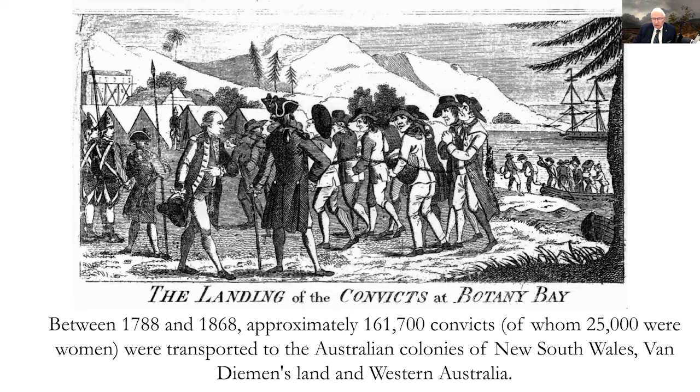Unfortunately, they came as convicts, but fortunately, after a period of time, they worked their way out of that convict situation. And many of them became landowners, and all of their descendants, the ones who didn't die, obviously, became the people in Australia, who, by the way, honor their convict ancestors.